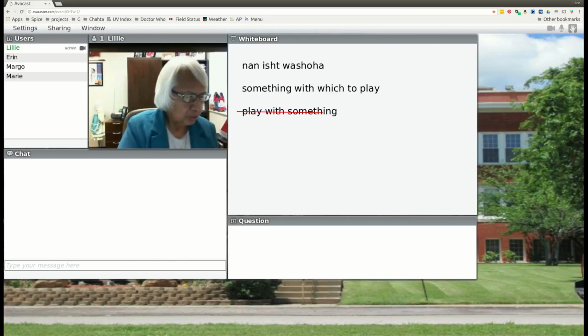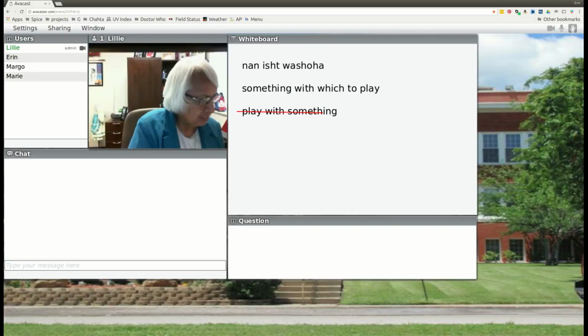I'm going to throw a word in here that I believe we've had. If we have not had it, I apologize, but I believe we have had it. I think it was in chapter 7.